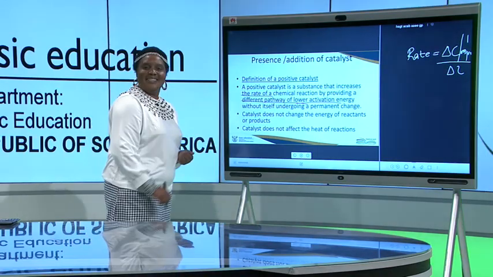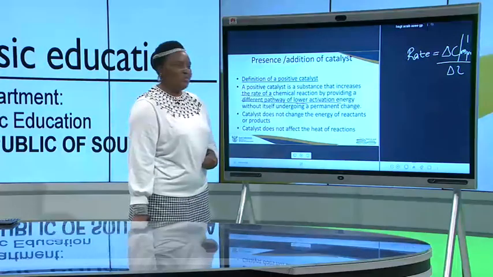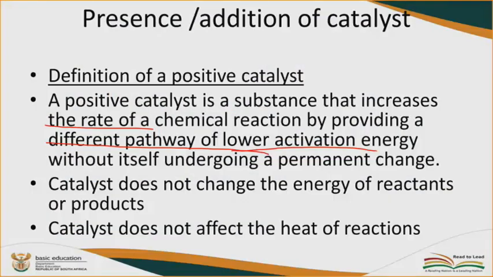And at the end, what the catalyst doesn't do, it doesn't change its shape. So whatever you started with at the beginning, you remain with it. So you can be able to measure the catalyst after the reaction has reached its completion. Catalyst also doesn't change the energy of the reactants or the product.